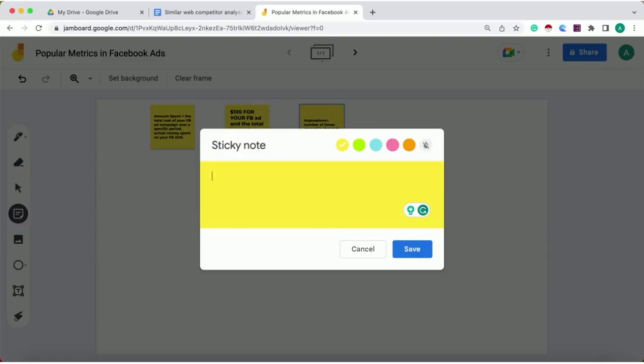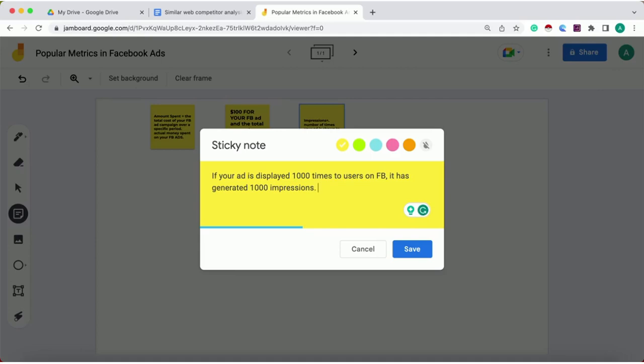If your ad is displayed 1000 times to users on Facebook, it means it has generated 1000 impressions. Later I will also tell you how to calculate this, but this is just the understanding of impressions.